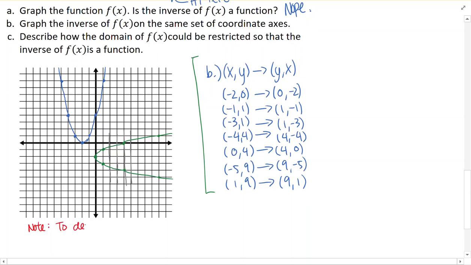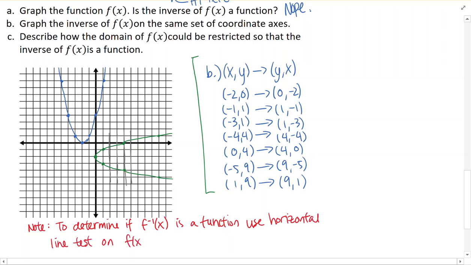To determine if the inverse is a function, use the horizontal line test on the f of x, or the original function. So what that will look like is the following.